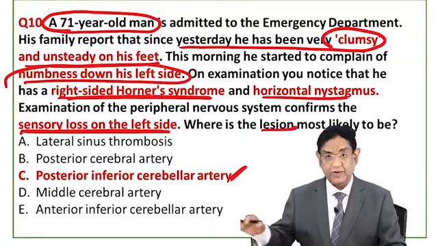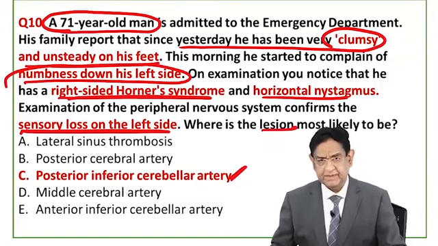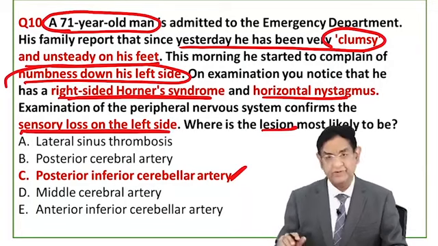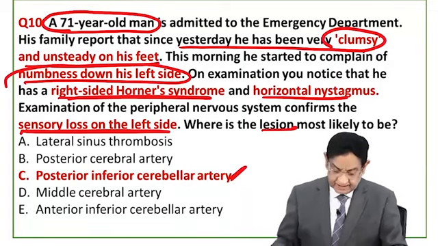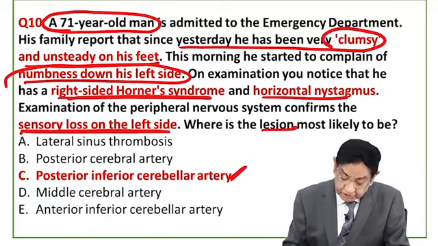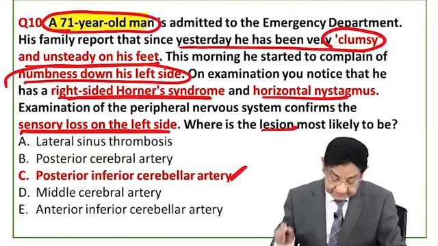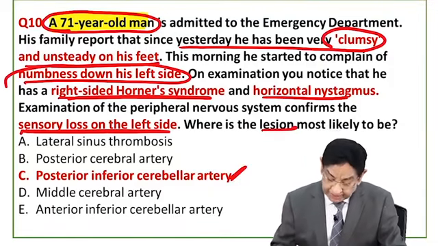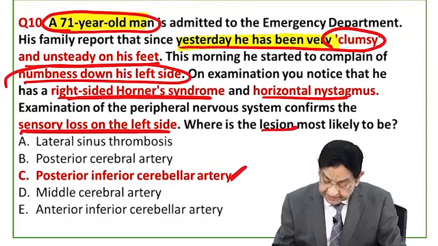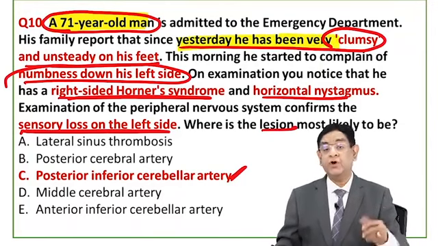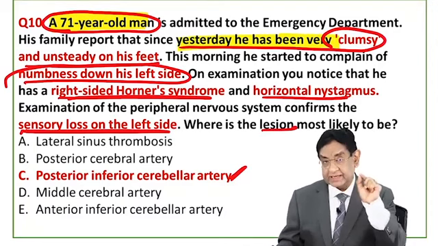But before I come to the basic concept, let me look into the question once again. Look into the patient, a 71-year-old man. An elderly person. Second point, the problem has been there only since yesterday. It's an acute onset, sudden onset.